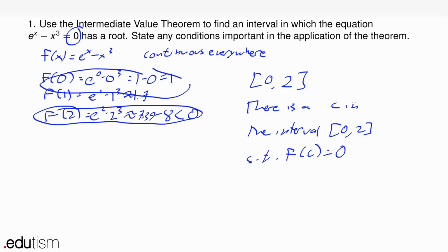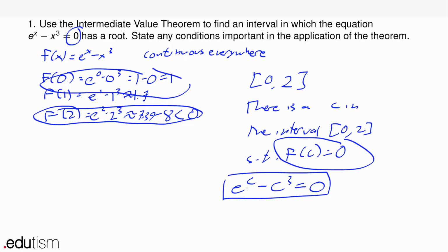That's what the intermediate value theorem says. If we've got an interval, and one endpoint is above a number and the other endpoint is below it, there's some point in the interval such that this equation is true. Now, what does f of c equals 0 mean? It means that e to the c minus c cubed equals 0. Basically, that we have a root to this equation.